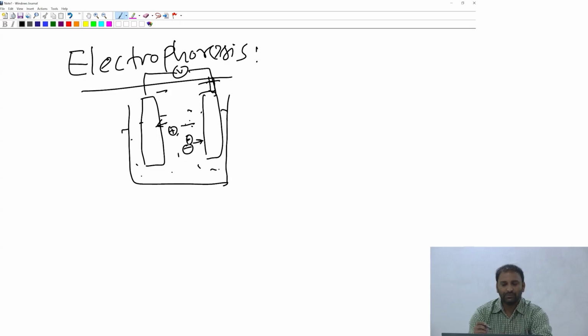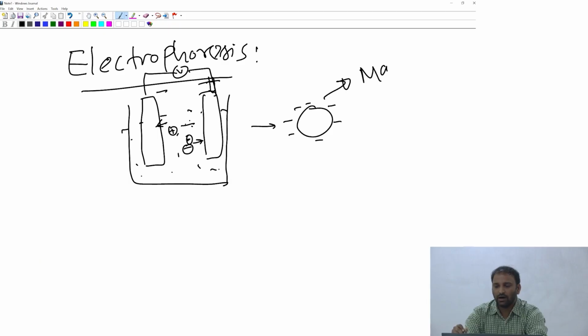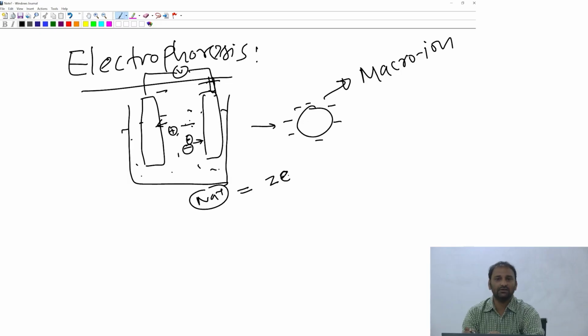Similarly, you can consider a charged particle, which I can treat as a macro ion. If I take Na plus, the charge on that is the valency times e, where e is the fundamental elementary charge.